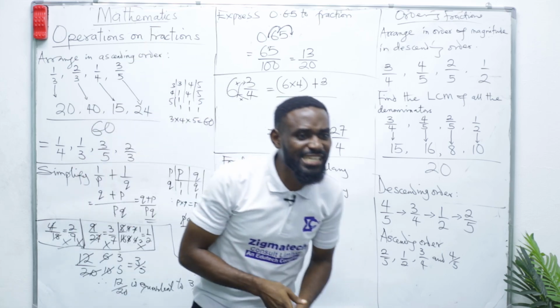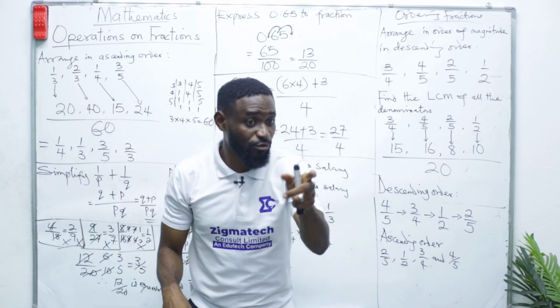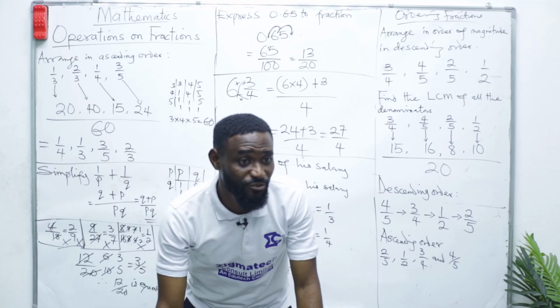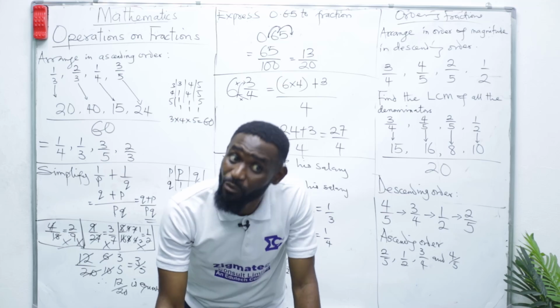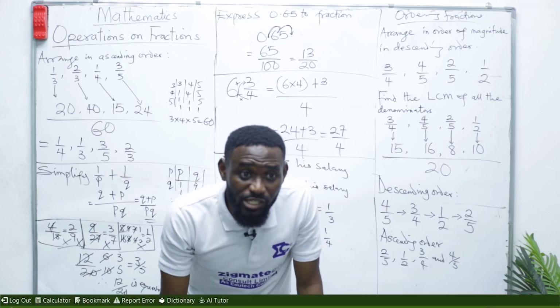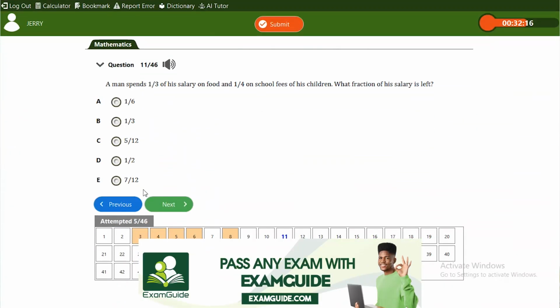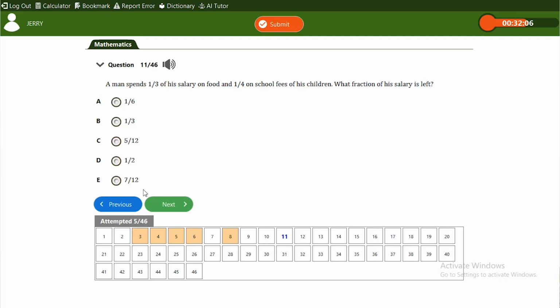Now the question is saying, if you look at your options, you have 7/12. Don't go and pick it. Look at what the question is asking you. The question is, what fraction of his salary is left? If he has spent 7/12 out of the salary, what fraction of the salary is left?